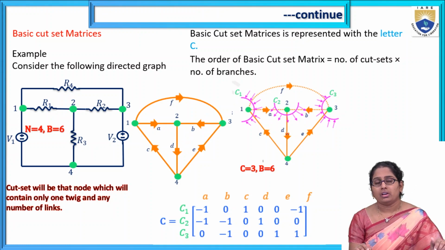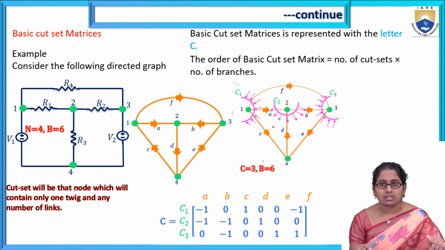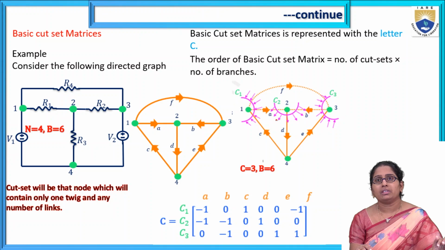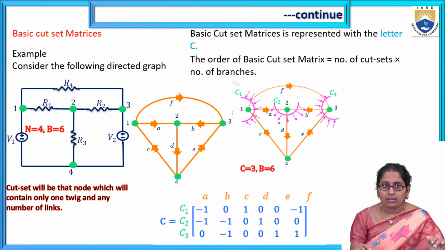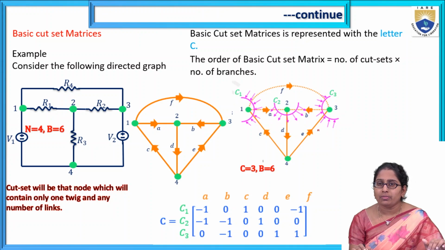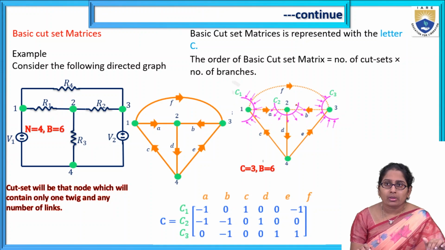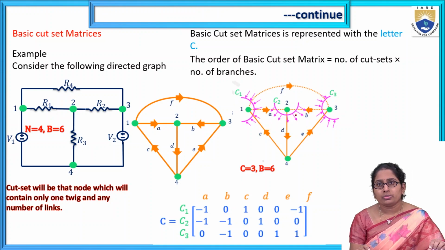How to write down this cut set matrix? For that we need a tree, and accordingly the remaining branches are represented with dotted lines. So here the tree taken is C, D, E, and the remaining branches A, B, F are the links.